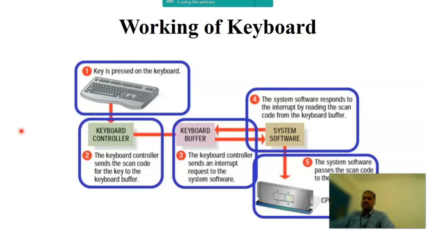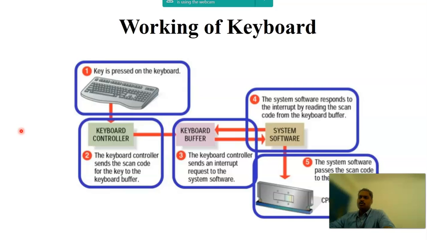So this is the working of a keyboard. A key is pressed on the keyboard. Once you press any key, the keyboard controller sends the scan code for the key to the keyboard buffer. For example, suppose you pressed a key called K, an alphabetical letter, or a numerical value 6, or some functional keys or some control keys.